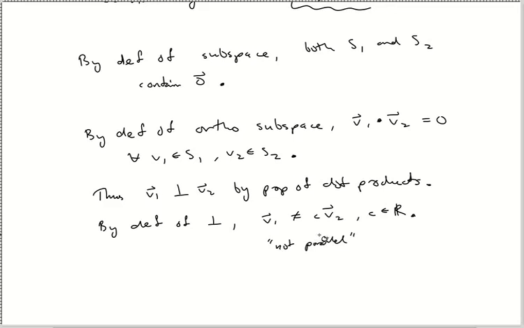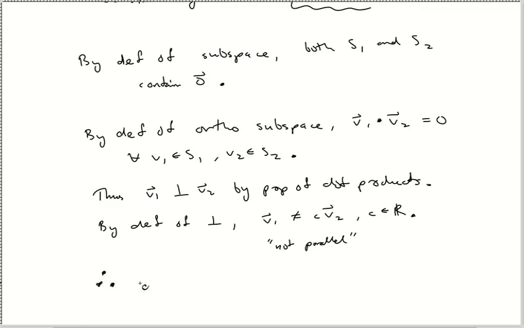I cannot have any vectors that are similar to one another, not even the same, not even scalar multiples. Even c equals 1 is included in there, so you can't have them actually the same either. No v1 and v2 are the same.